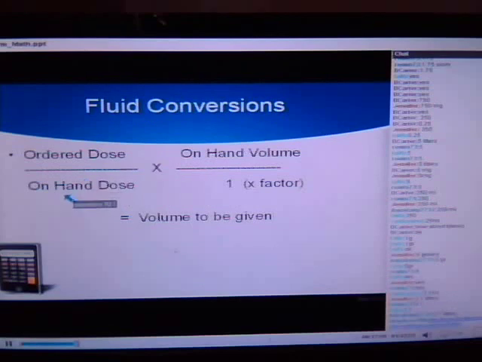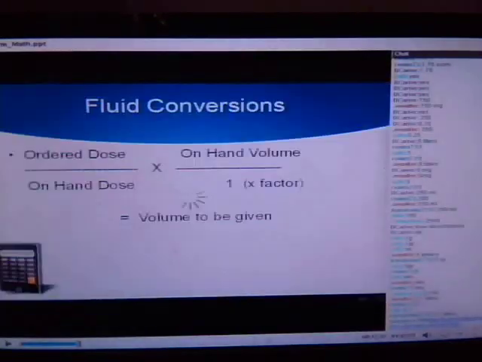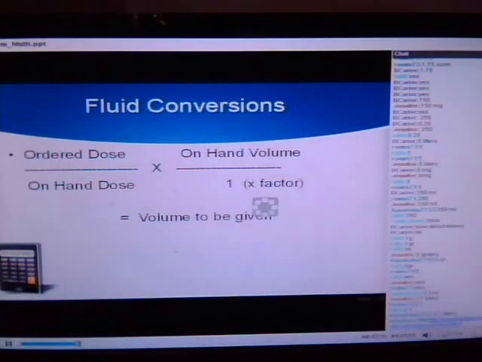Now, it doesn't seem like I'm making a whole lot of sense here. So, for fluid conversions, ordered dose over the on-hand dose times the on-hand volume, and we're looking for the volume to be given, what we're supposed to give the patient. Everybody write that down.